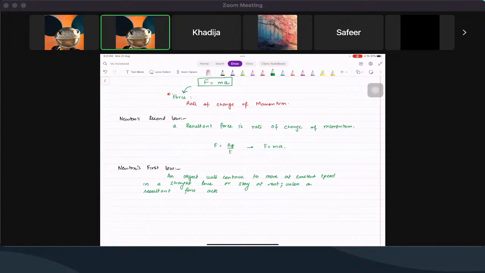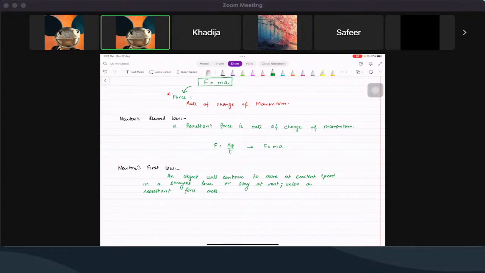Do you guys understand this? So there must be a resultant force. So Newton's second law came first, but to explain it, he had to make the first one.